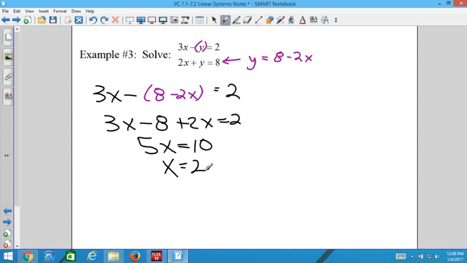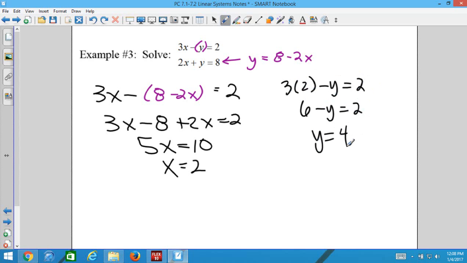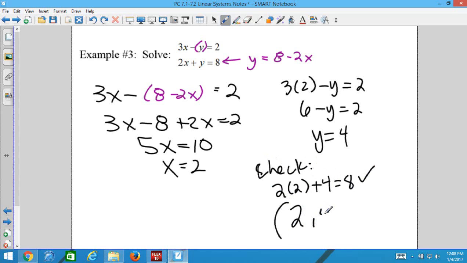Plug it into the top equation. I got 4 for y. Check it in the second equation. And that works. So my answer, 2, 4.